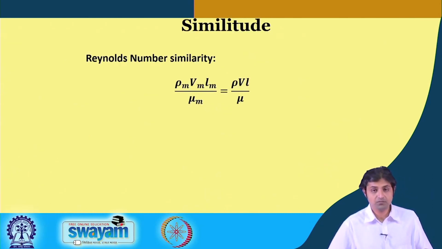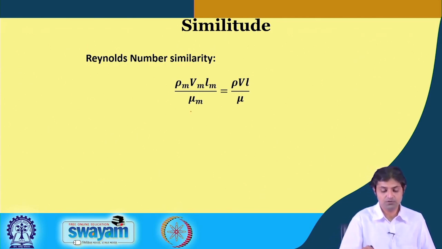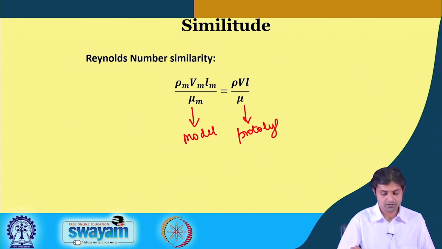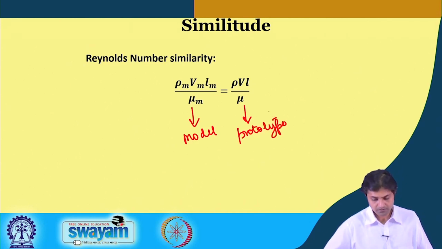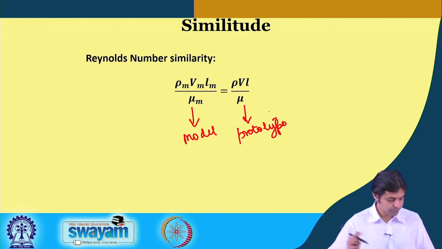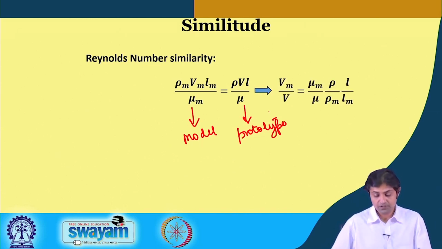Now, for Reynolds number similarity, we have rho m Vm Lm by mu m is equal to rho V L by mu, where the left side is the model and the right side is the prototype. So, we get Vm by V is equal to mu m by mu, rho by rho m, L by Lm.